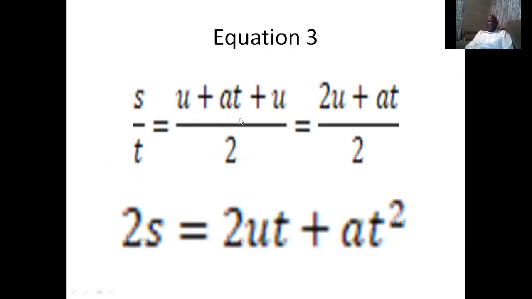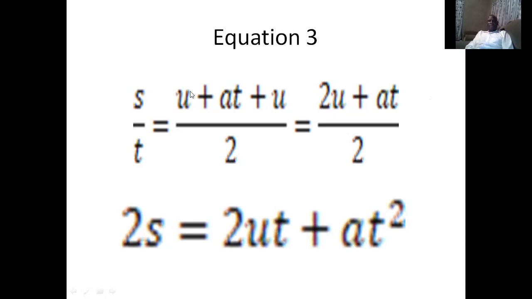This is where there was final velocity. And if you add u plus u, it gives us 2 times initial velocity plus acceleration times time, over 2. We have merely arranged this. And here we still know that displacement over time is equal to 2 initial velocity plus acceleration times time, over 2.